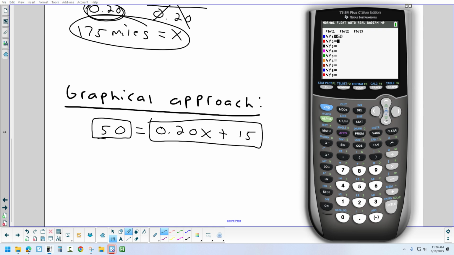Let's go to y2. We're going to type in 0.20x plus 15. Does anybody recognize the format of what we typed into y2? That format is not something random. It's something very specific.